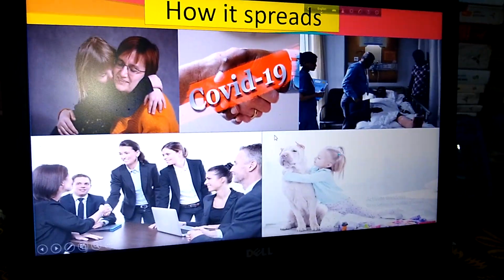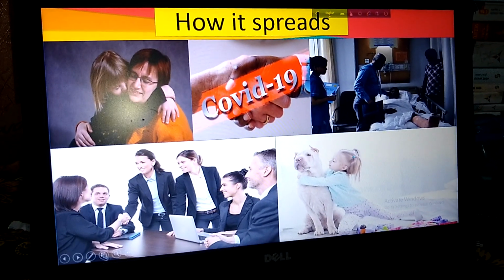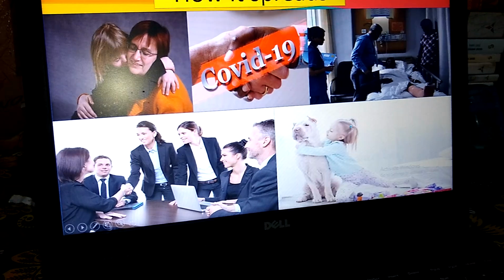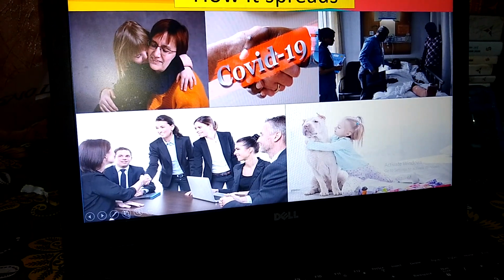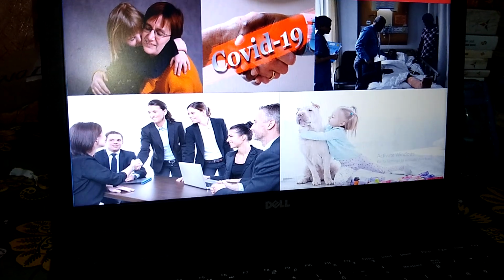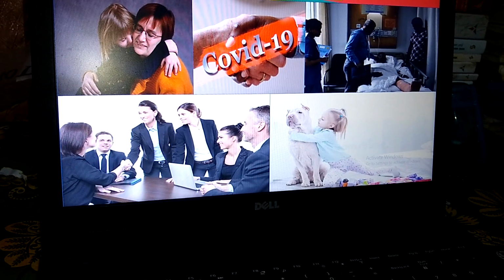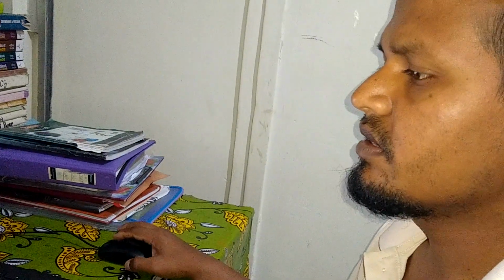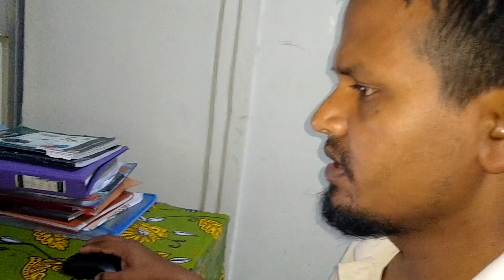There are some other sources from where it can spread, such as there is a picture of a handshake. If we meet with anyone and shake hands, then at this time it can spread. And there is another picture.